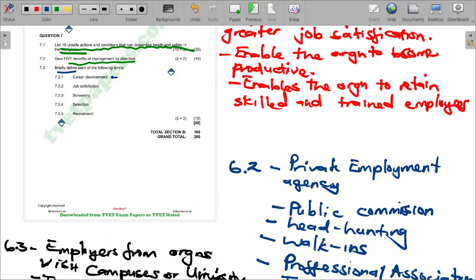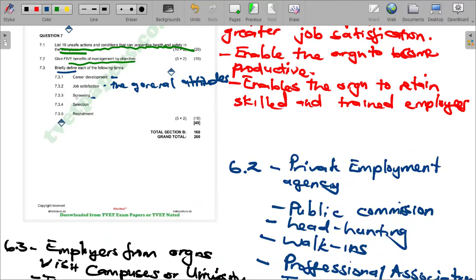And then job satisfaction. It is the general attitude that the employee has about his job, right? So a person might have a positive or a negative attitude.